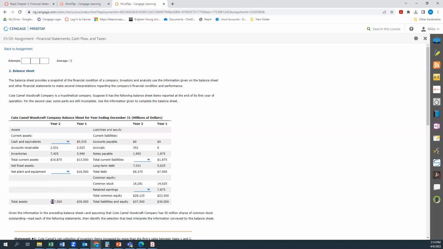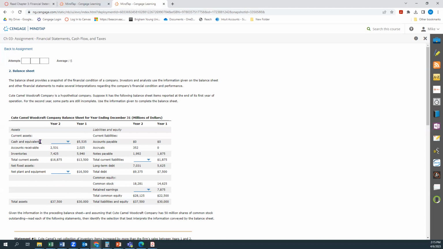For example, you can see in year one here, we have total current assets of 13.5 and total plant and equipment of 16.5. Those add up to 30,000. So if we're asking how do I get this number, well, our total current assets plus this number equal 37,500, so we could just do a simple subtraction and find our net plant and equipment.